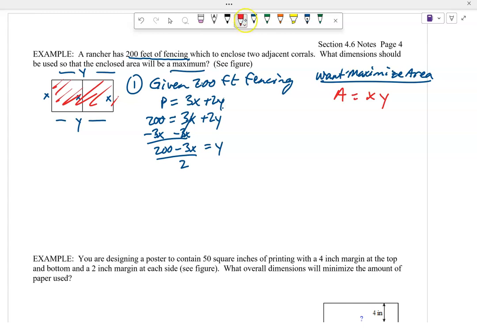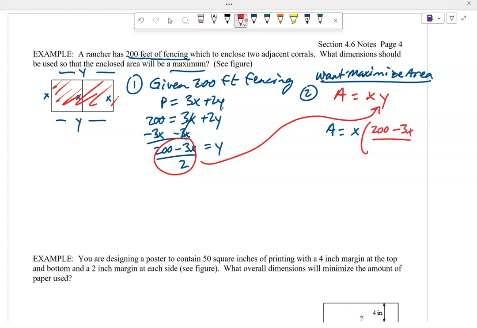And now let's throw that in for y right there. So step 2 is to solve for a variable, and we're going to substitute here. So area equals x times this y, which is 200 minus 3x all over 2.